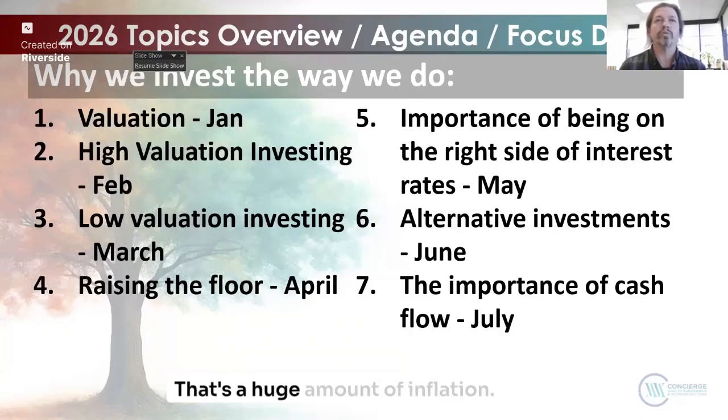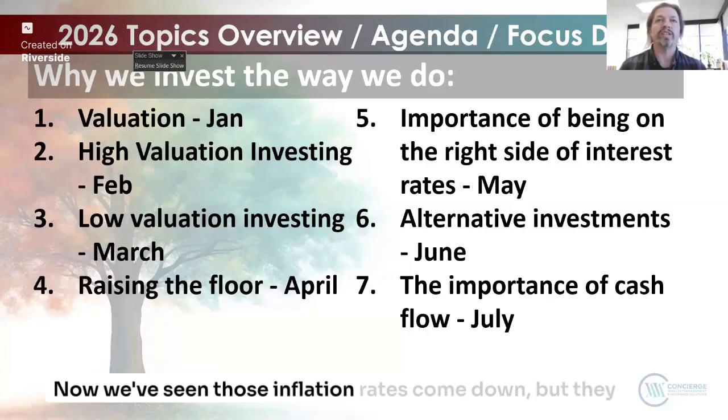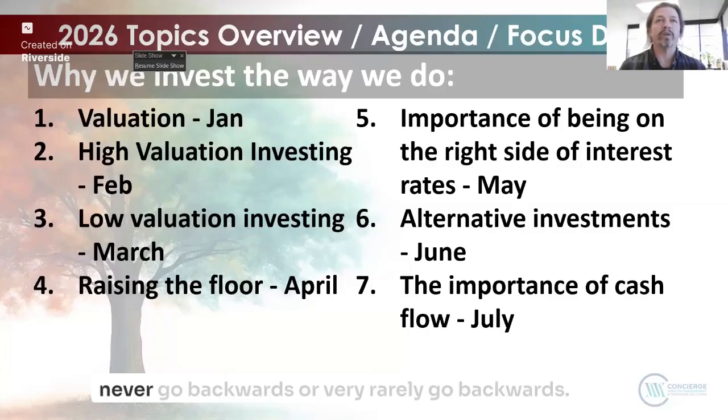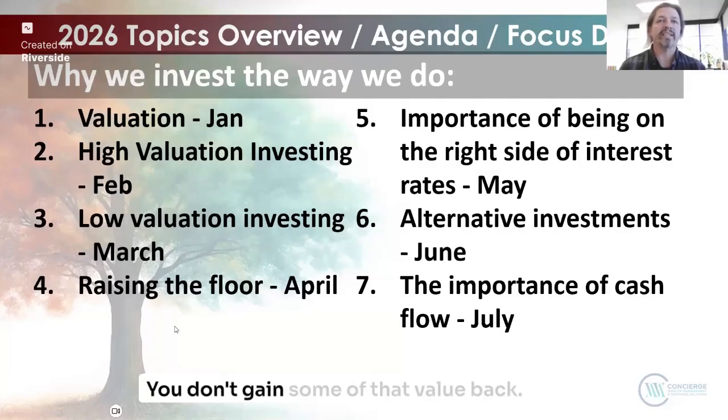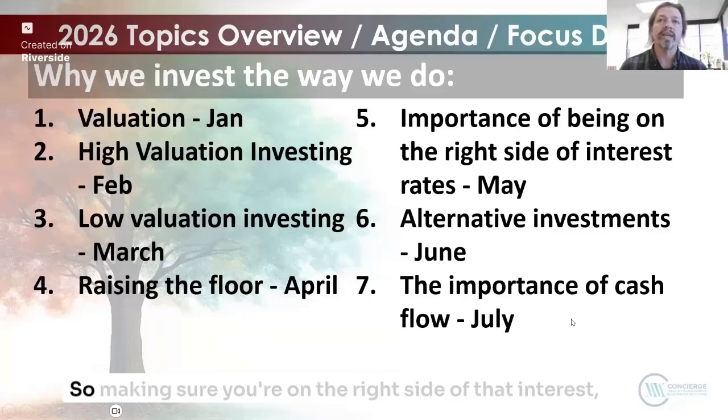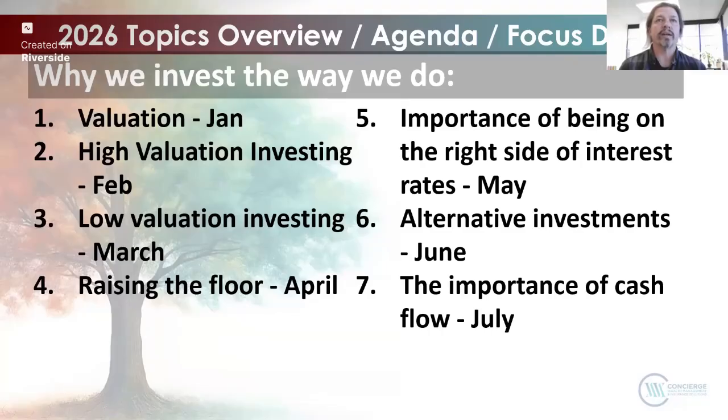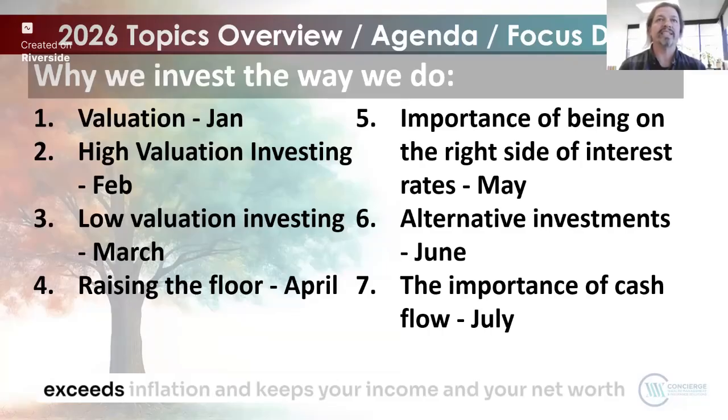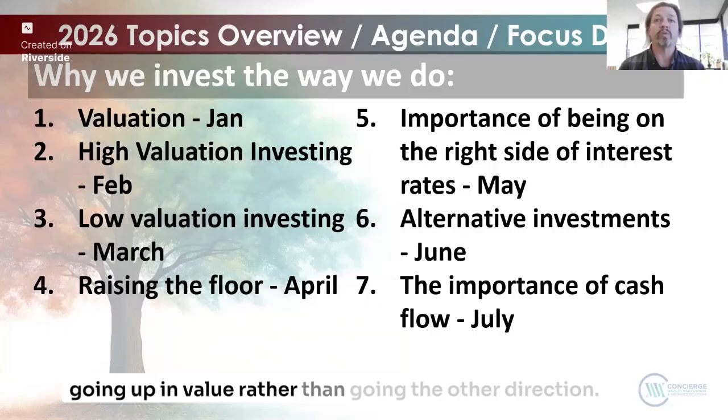That's a huge amount of inflation. Now, we've seen those inflation rates come down, but they never go backwards or very rarely go backwards. You don't gain some of that value back. So, making sure you're on the right side of that interest, earning interest that exceeds inflation and keeps your income and your net worth going up in value rather than going the other direction.